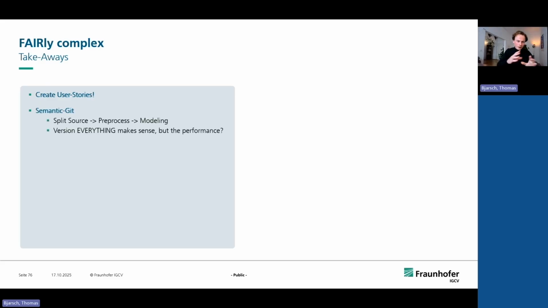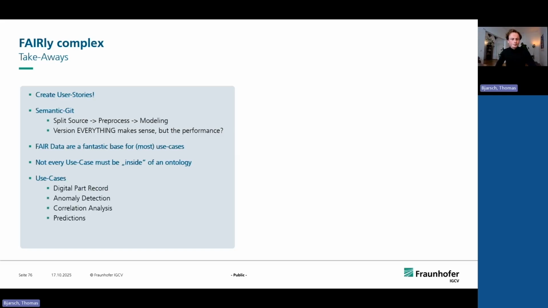This split between the source, the pre-processing, and the modeling makes sense, in my opinion, and also the versioning. FAIR data are a fantastic base for most use cases, because if we extract this table, the step itself is pretty easy, and not every use case must be inside of an ontology. So the ontology itself can also be just a pre-processing step for machine learning.